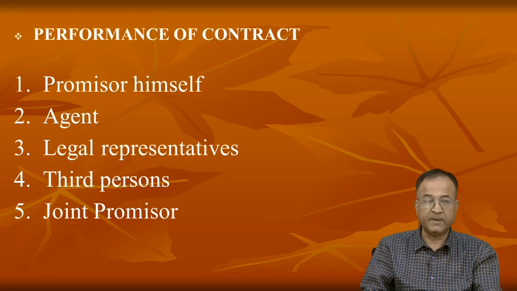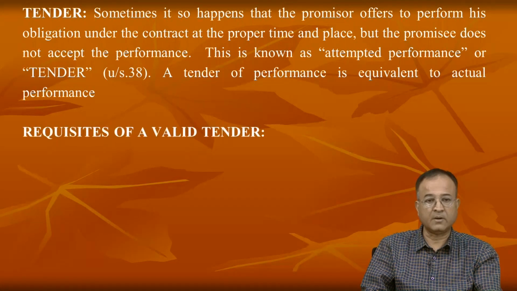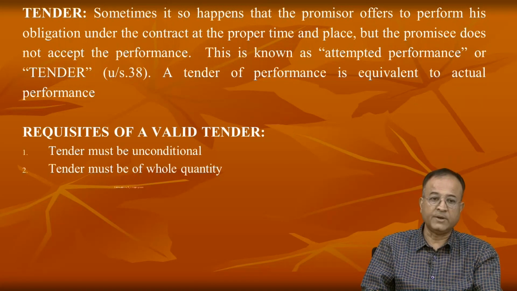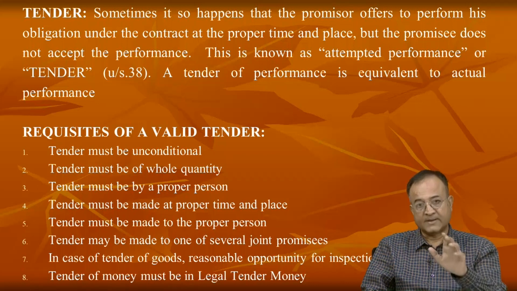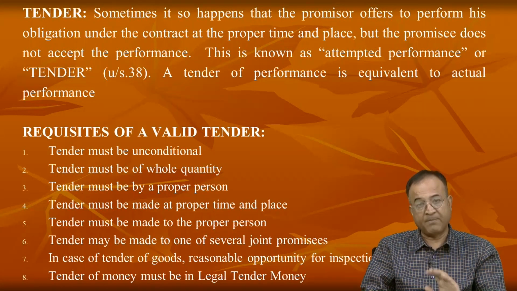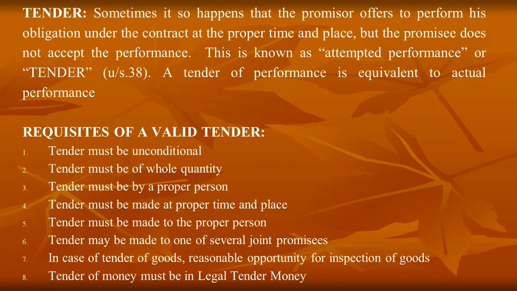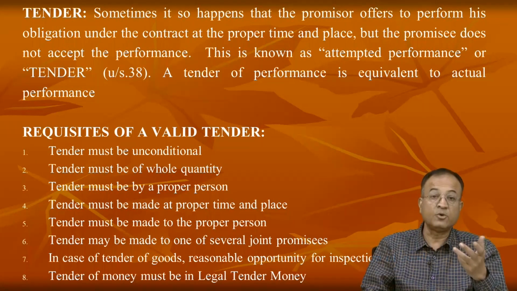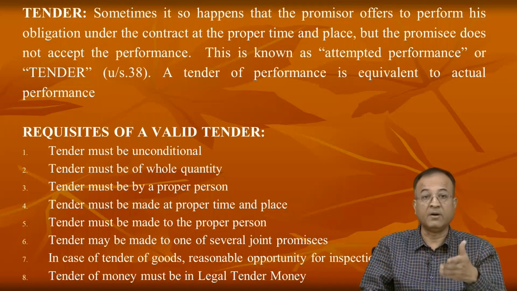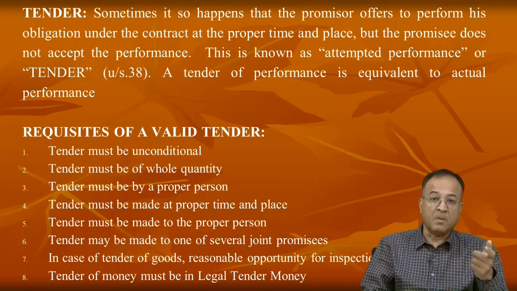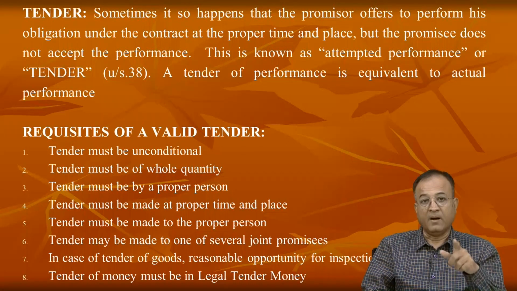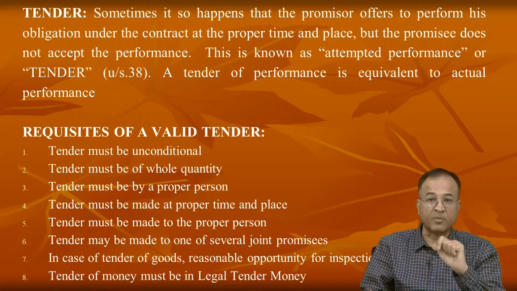Now, we'll see the tender. Sometimes it happens that the promisor offers to perform his obligation under the contract at the proper time and place, but the promisee does not accept the performance.